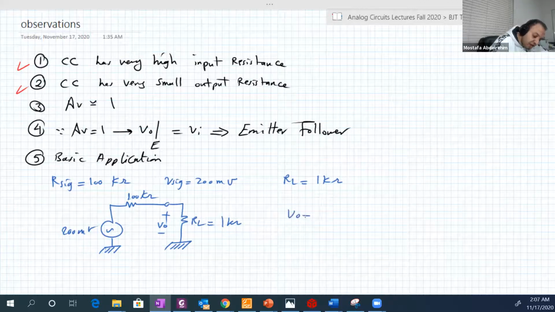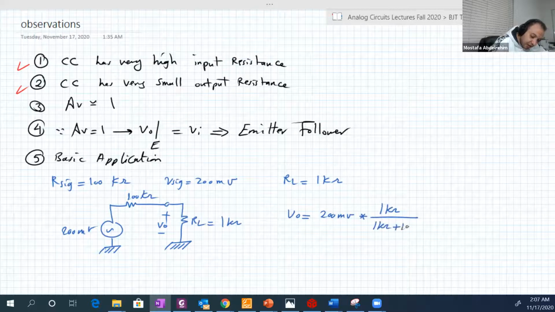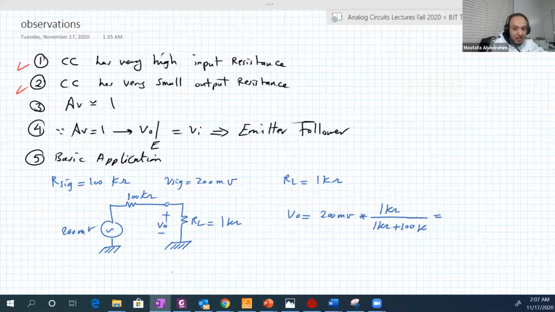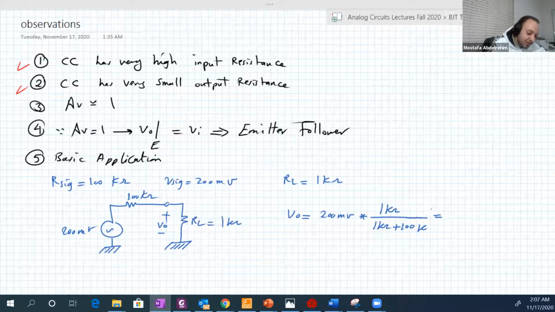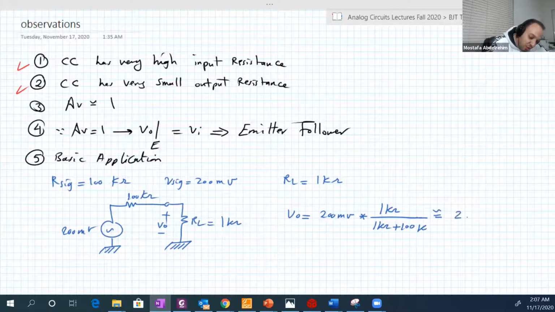So VO here is equal to 200 millivolt multiplied by 1 kilo ohm over 1 kilo ohm plus 100 kilo ohm. It's approximately 200 multiplied by 0.01 volt. So this is approximately 2 millivolt.